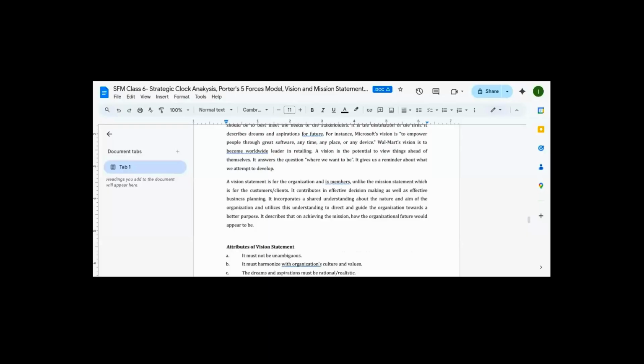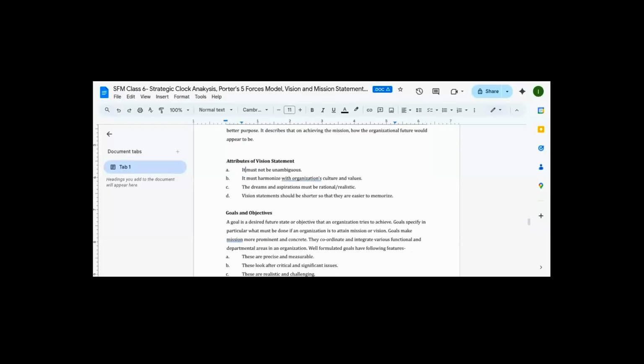So what are the attributes of a vision statement? The way we have looked at that of our mission is the same. The attribute of a vision statement is that it must not be ambiguous. Two, it must be harmonized with organization culture and values. I think that escaped my mind when I was explaining the mission statement for you.